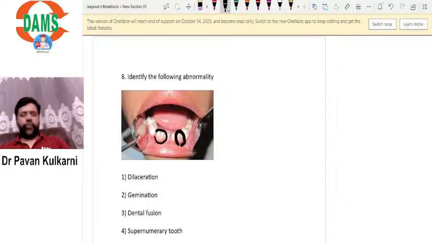This is simple fusion. If you count the number of teeth, the number of teeth is less in case of fusion. This is a typical example of fusion. Remember, in fusion one tooth will be less, because there is a fusion of the two teeth. In this case, there's a fusion between the lateral incisor and the canine.